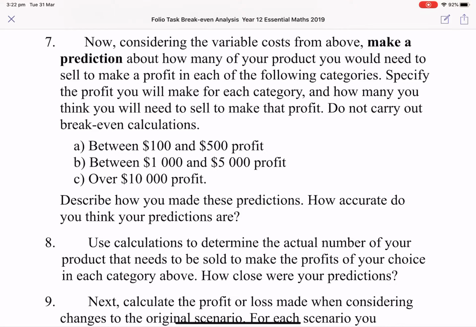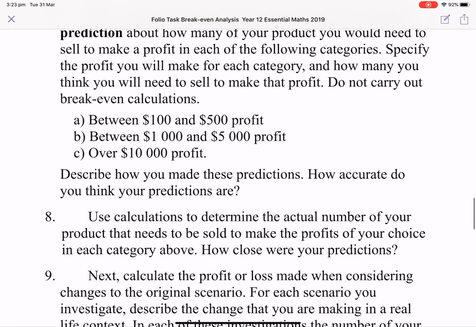So have a guess about how many you'd need to sell to make a profit between 100 and 500, and then have another guess about if you were going to make a profit between 1,000 and 5,000, and then a third guess for over 10,000.